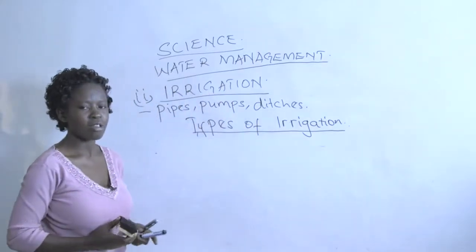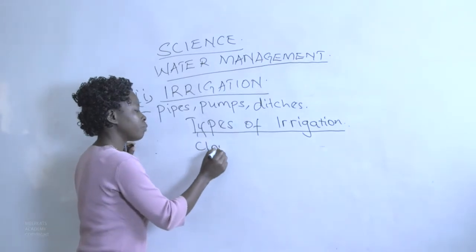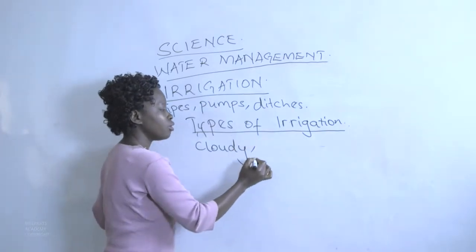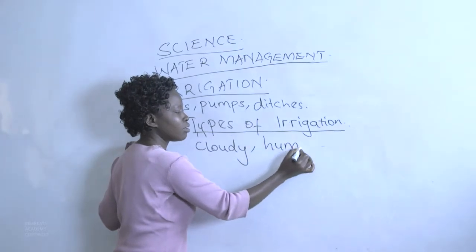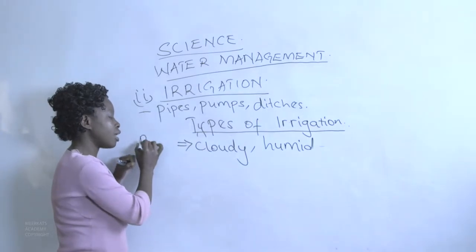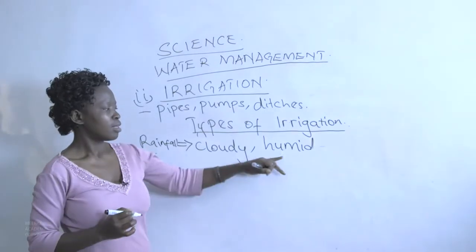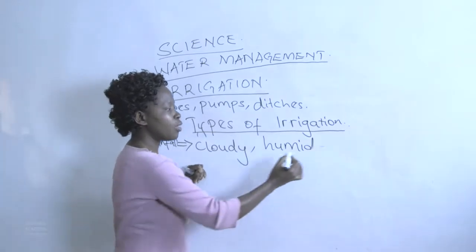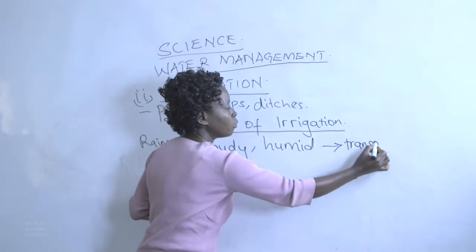Rainfall falls when it is cloudy, and apart from that, the humidity in the atmosphere is very high. So we say that the air is humid. So rainfall falls when it is cloudy and humid at the same time. So what happens is the temperatures are low. And because the temperatures are low, it means the rate of transpiration is reduced.